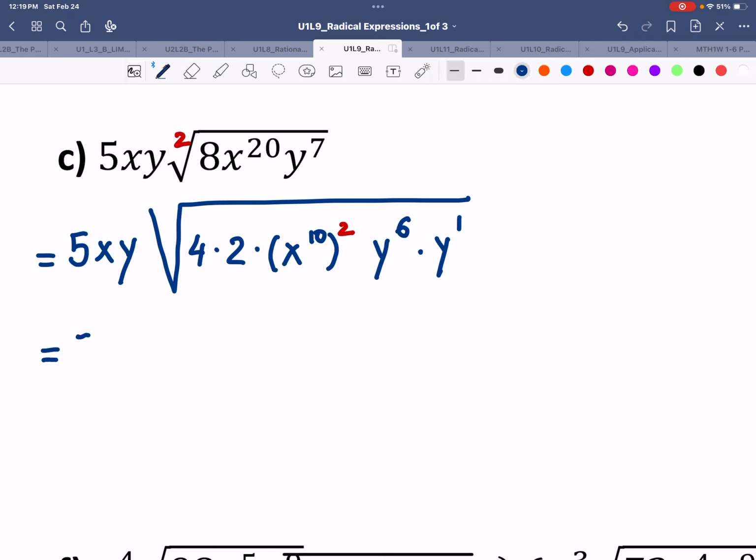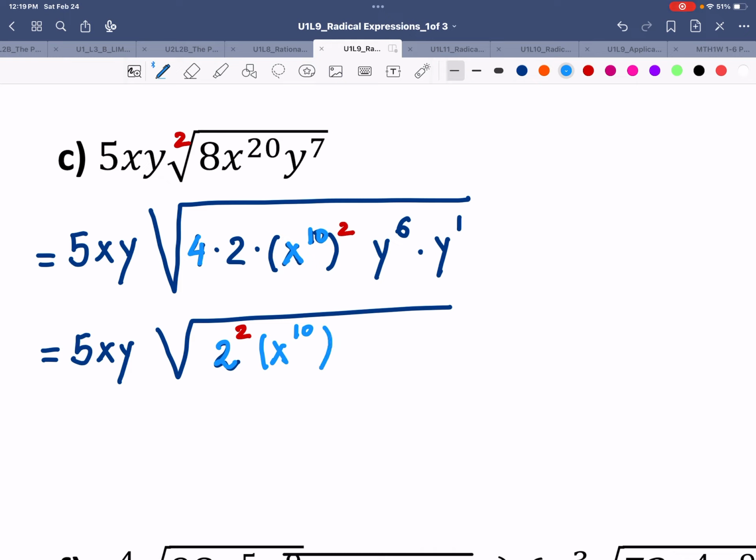So continuing to the next step, 5xy will stay where it is. And we're going to look at the perfect powers of 2. So we'll have in here number 4, which is 2 squared. So this is done. It's a perfect power. X to the power of 10 squared, that's a perfect power as well.